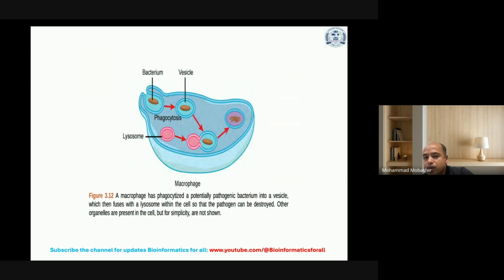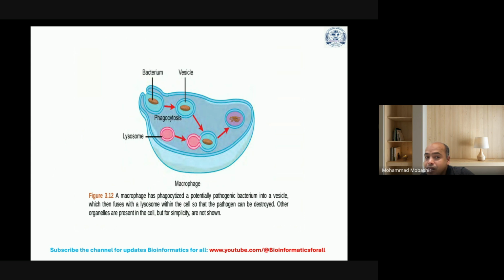So a macrophage has phagocytized a potentially pathogenic bacterium into a vesicle, which then fuses with a lysosome. Here you can see the role of the lysosome within the cell so that pathogens could be destroyed.